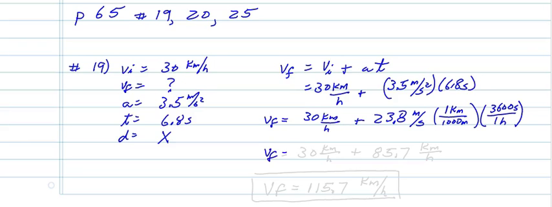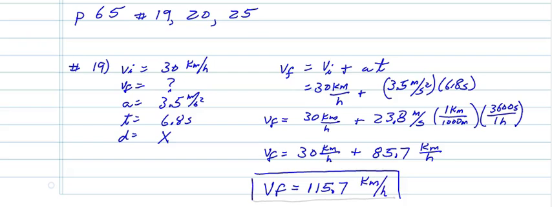When we do that, we get 30 kilometers per hour plus 85.7 kilometers per hour. So V final equals 115.7 kilometers per hour. Final velocity of the bus is 115.7 kilometers per hour.